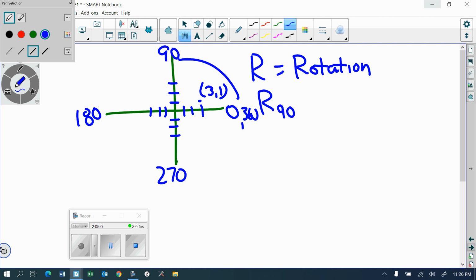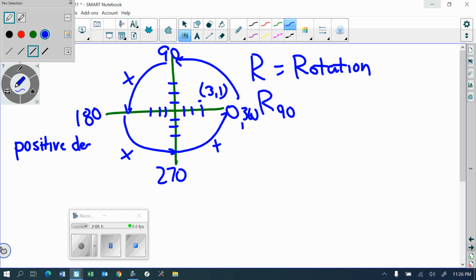So positive degrees is counterclockwise. I'm adding, so positive degrees, counterclockwise. Negative degrees, clockwise.